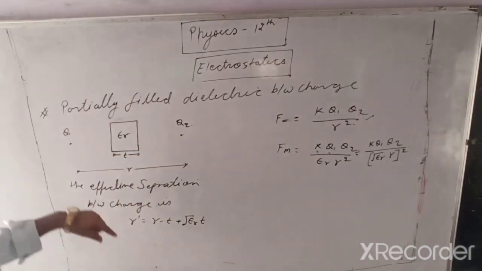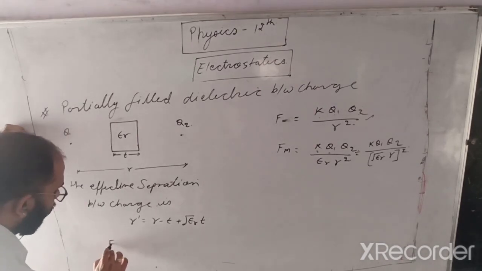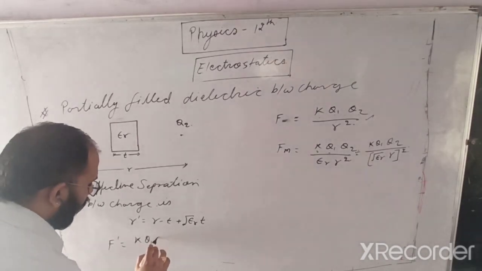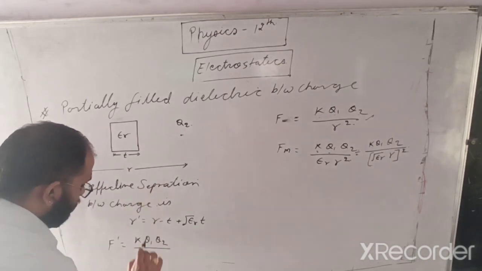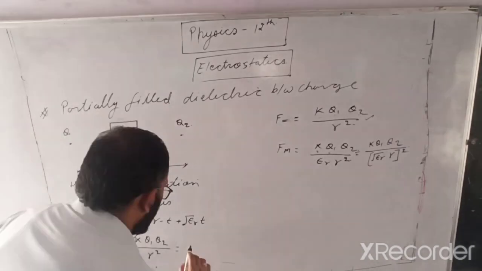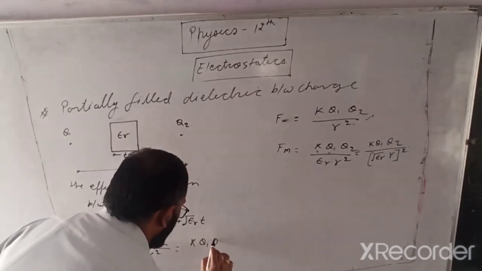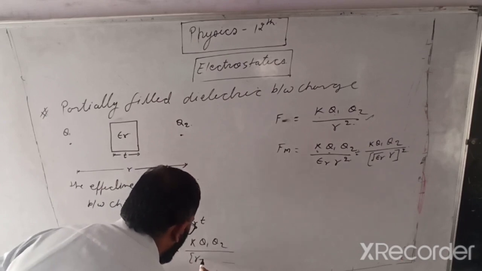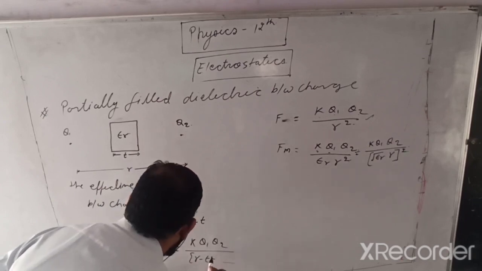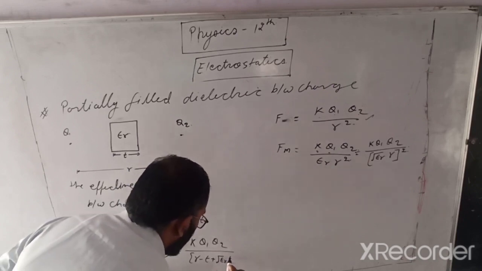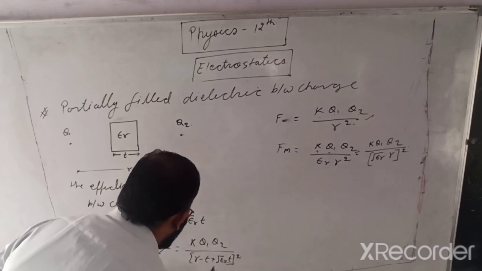Then the force between the charges F dash will be equal to K Q1 Q2 upon R dash whole square, and we write Q1 Q2 upon R dash, where R dash is R minus t plus root of epsilon r into t, whole square.